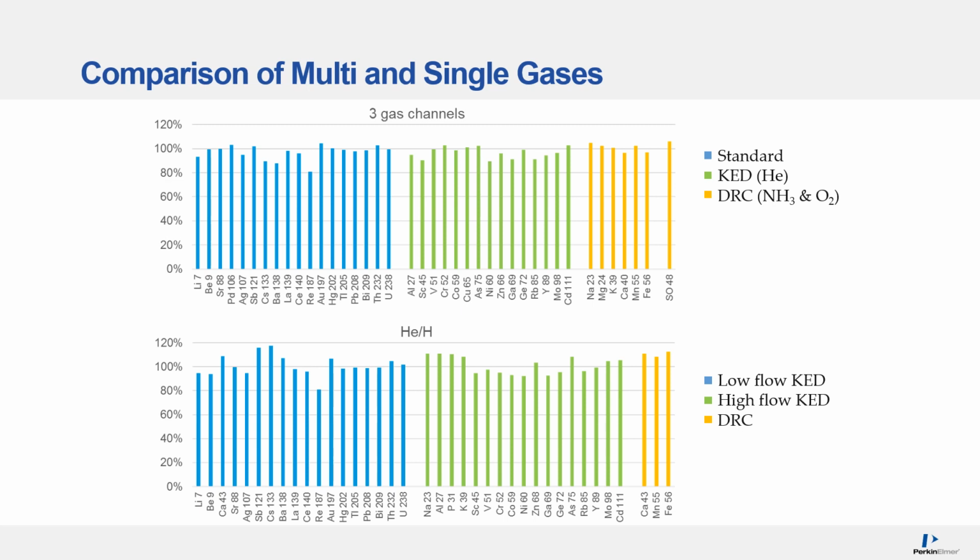But that being said, the single gas mode, as stated in the previous slide, was still recovering everything within the 80 to 120% recovery. And we were still getting 38 out of 40 elements measured in the multiple gas mode. So 95% of elements measured were coming back within 90 to 110%. So slightly better using 3 gases. The single gas mode is still quite usable.